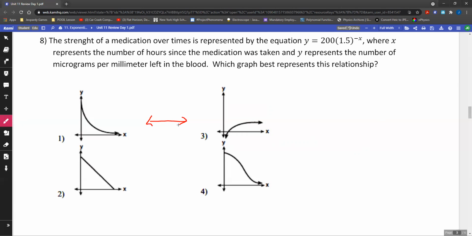Pay attention to the negative on that exponent. And the equation looks like, just waiting for the graphing calculator to work. Yeah, all right, so it looks like it's going to be number 1.